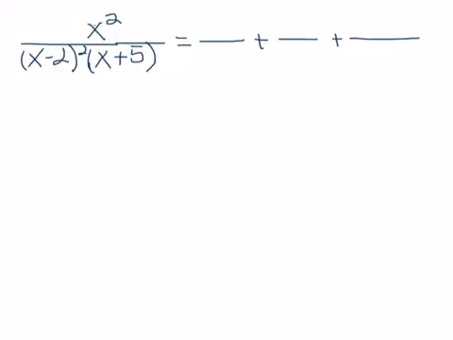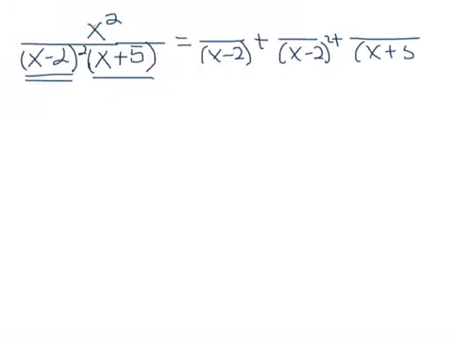These fractions are going to have the possible denominators x minus 2, but then also x minus 2 squared to represent both possible denominators coming from x minus 2 squared. And the last one will be the denominator representing the possibility of x plus 5.